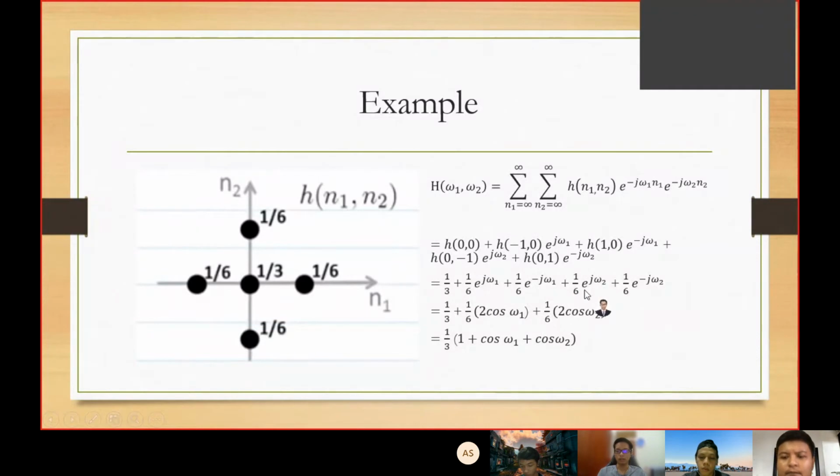Then e to the power of j omega 2 plus e to the power of negative j omega 2, you combine these two and you get 2 cos omega 2. So from here we can simplify the equation into 1 over 3, bracket 1 plus cos omega 1 plus cos omega 2. Okay, so here is the image of the k-space.